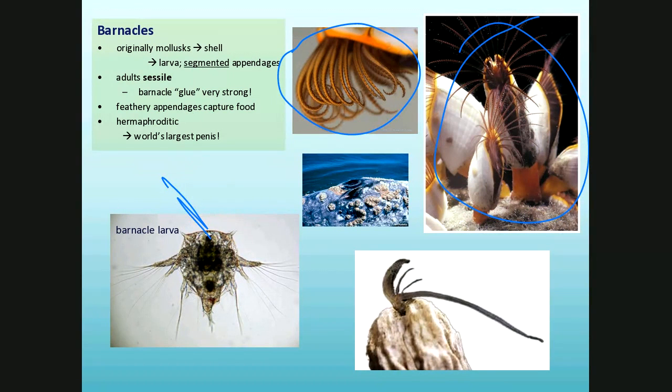Well, believe it or not, the world's largest penis belongs to barnacles, and that's what you're seeing in the picture on the lower right. That's how they get around that. Since they can't walk over to the female, and since they don't want to be distributing their gametes in the water because of the low probability of many of those making it, the barnacle just basically extends his penis out across the way until he finds a female, and then he impregnates her that way.